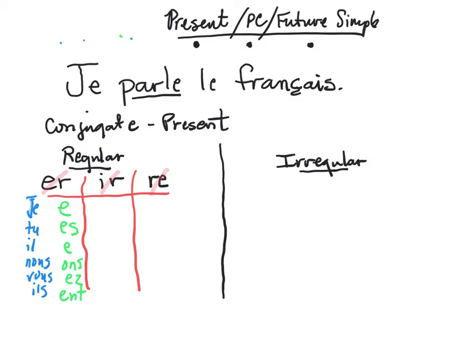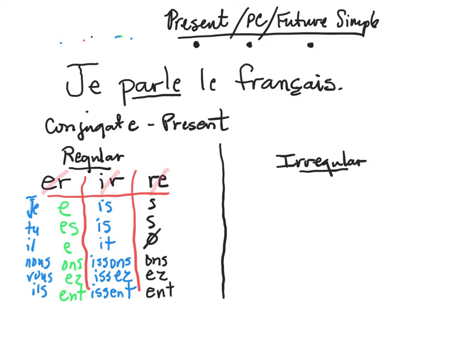Then IR is going to be IS, IS, IT, ISSONS, ISSEZ, and ISSENT. And then IR, or RE, my bad, would be S, S, and then nothing, ONS, EZ, easy, it is easy, and then ENT. That's an O. Okay, that looked sloppy. All right, so that is for regular verbs.